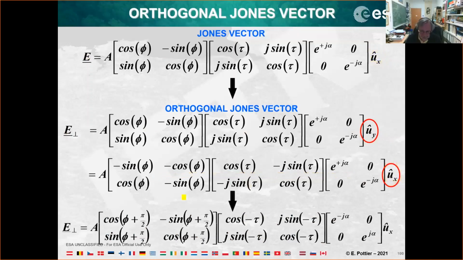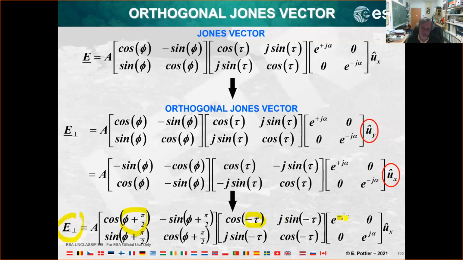And if I develop these two matrices, I can see that the orthogonal vector will have an orthogonal orientation of the ellipse, will have a symmetric angle of the ellipticity, and will have exactly the same absolute phase, or the opposite absolute phase, but it is a random value, so it's not a problem.